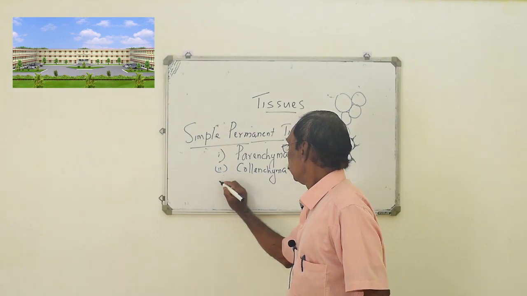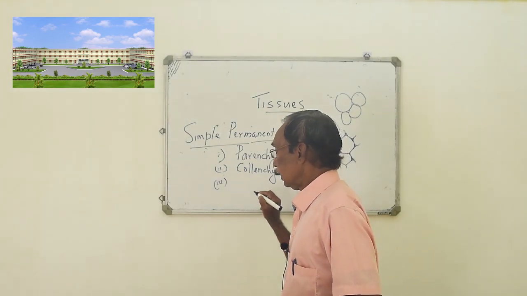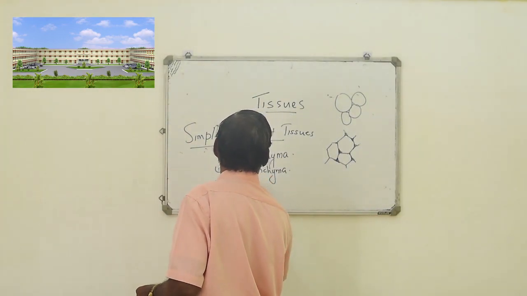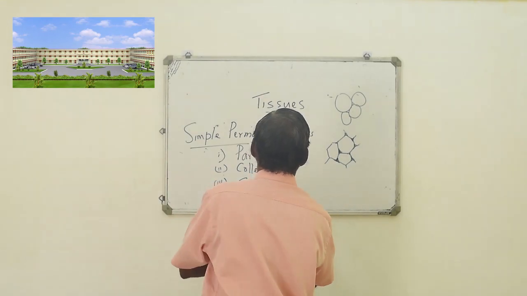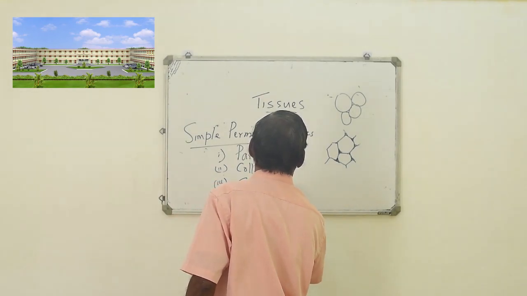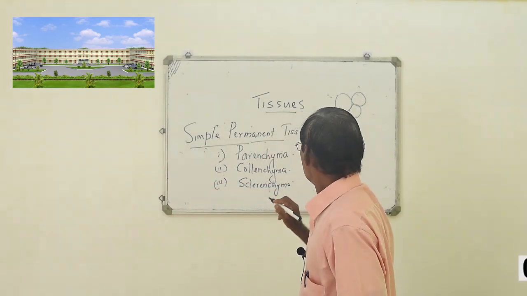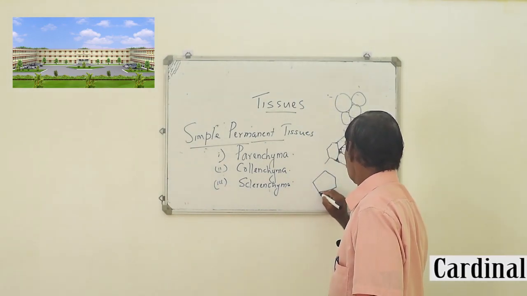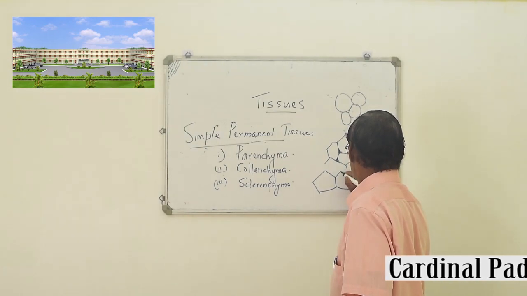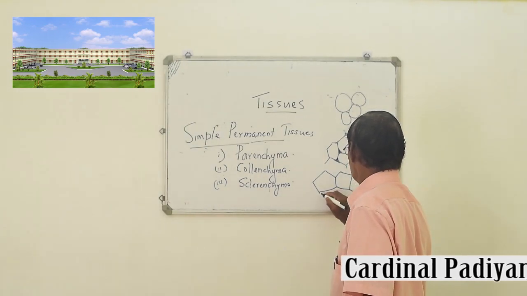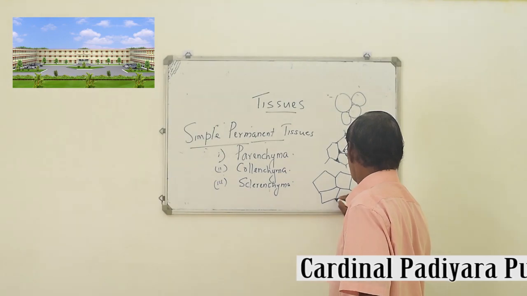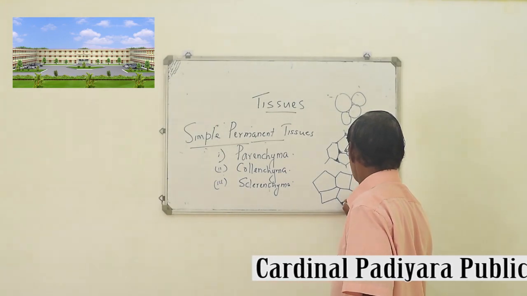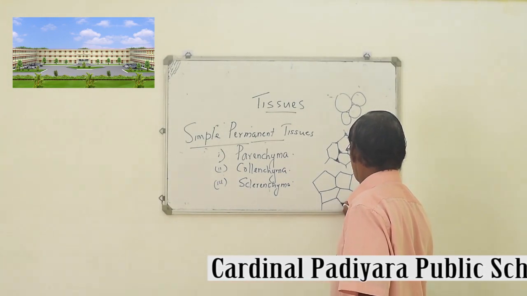One more type is there. The third type is called sclerenchyma. If you examine sclerenchyma, you can see the cell walls are uniformly thick, very thick cells. How is it thick?